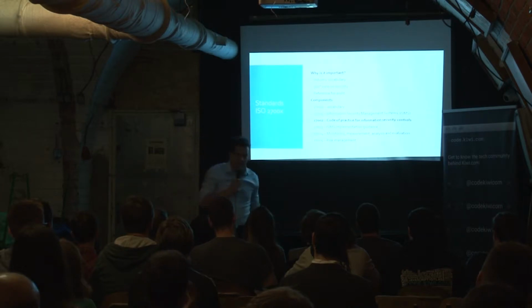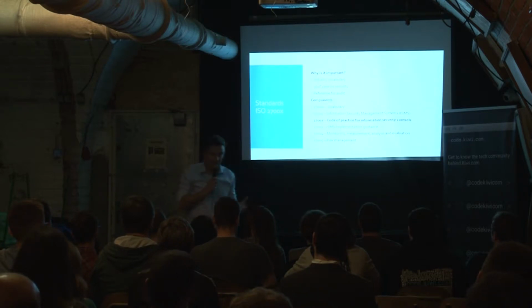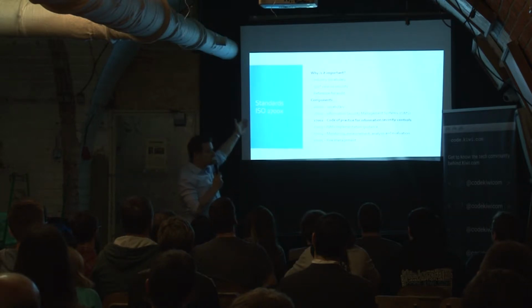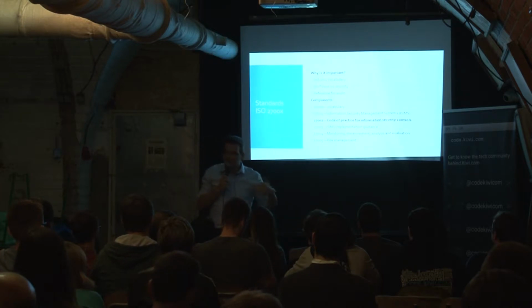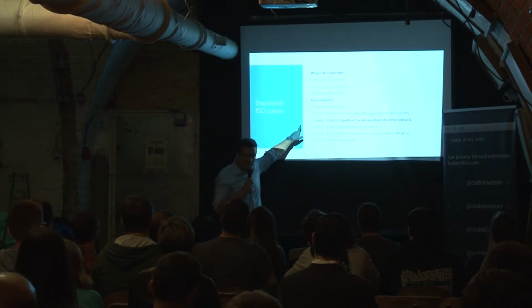ISO 27K is the first family of standards that comes to mind when talking about information security. That's just how it is. Why is it important? Because it provides a common vocabulary. So when you talk about threats, when you talk about authentication, when you talk about various other common concepts, you can find them in 27000.